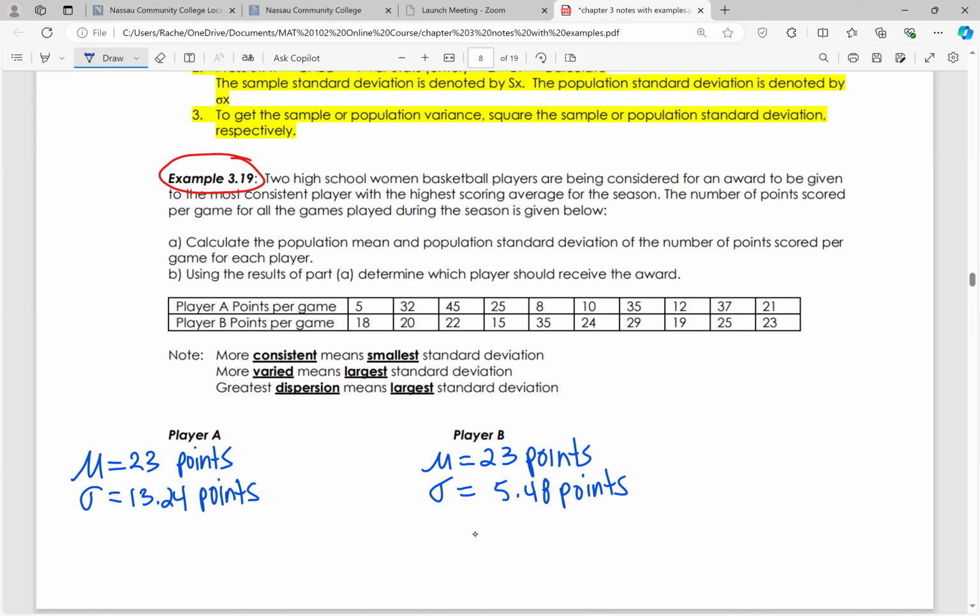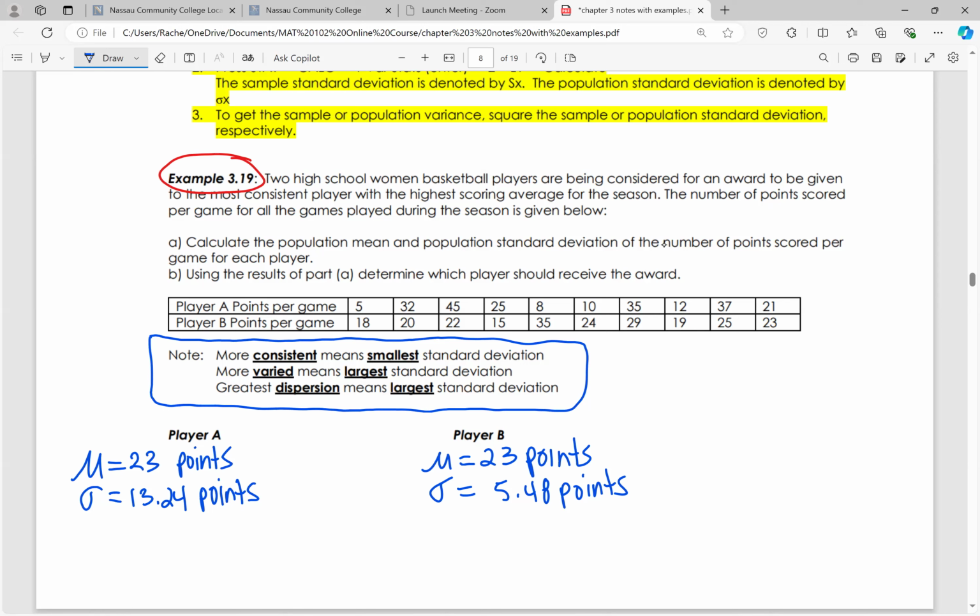So now we want to compare our results. Part B says, using the results of part A, determine which player should receive the award. I put a little reminder here, and I also had it on the whiteboard earlier. Remember, more consistency means a smaller standard deviation, because that means less variability.